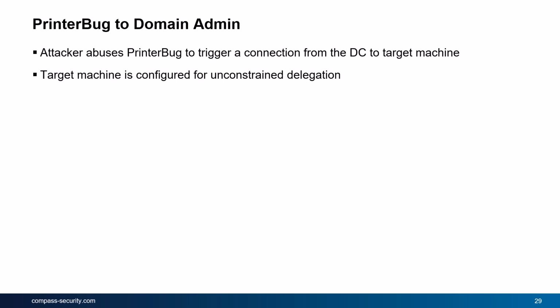Since the target machine is configured for unconstrained delegation, a copy of the domain controller's TGT will be sent to us, and since domain controllers are by default configured with DCSync permissions, so they can replicate essentially all the data stored on a domain controller between each other, including the secrets, so the key material and password hashes of users, we can then abuse this TGT to essentially perform a DCSync attack and become any other user within the domain.